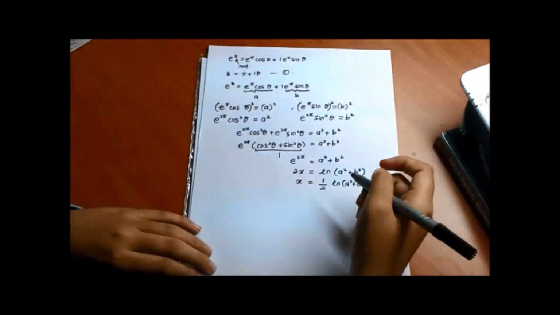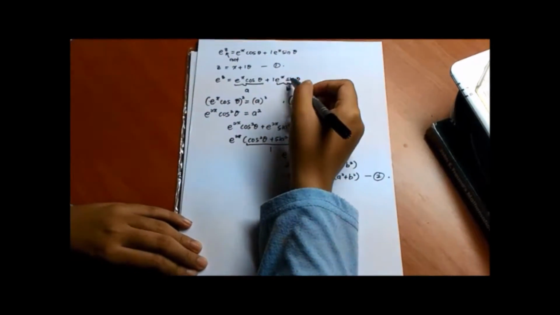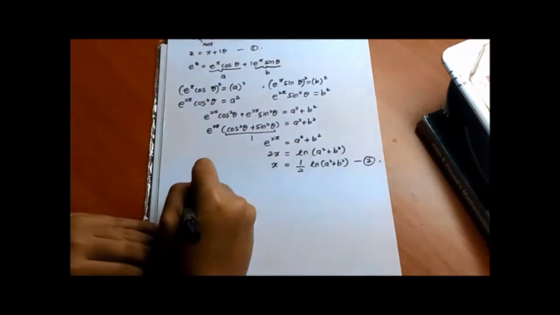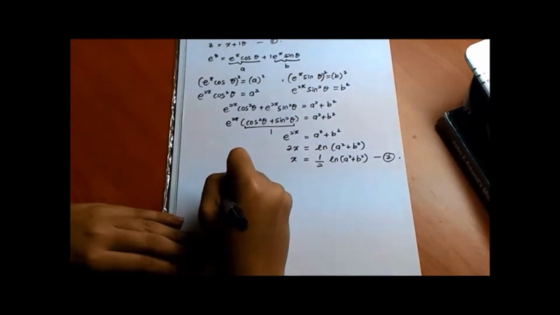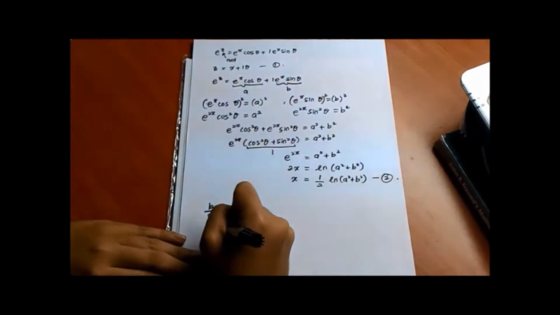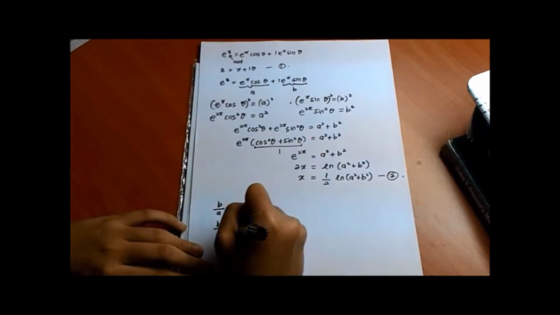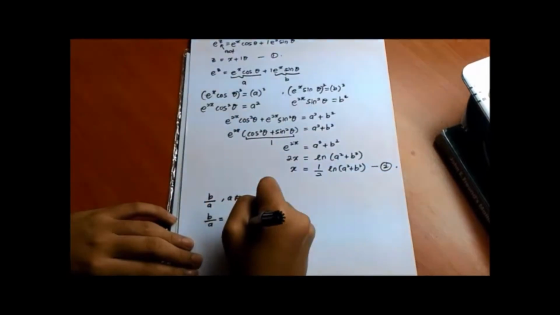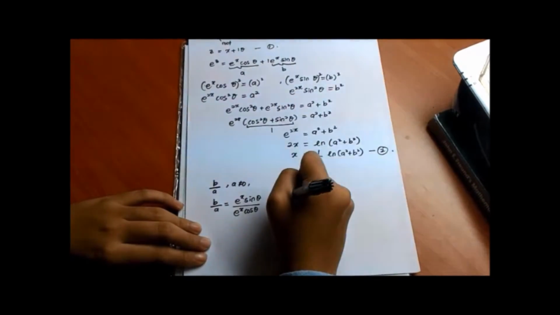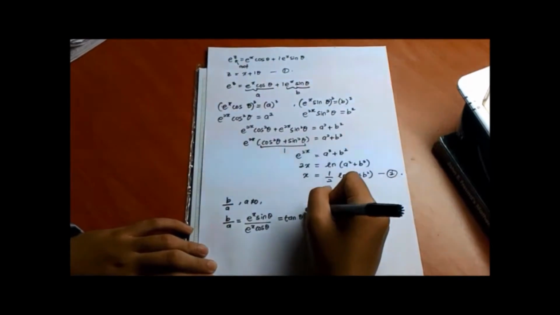From the start, we assumed e^x cos theta is a and e^x sin theta is b. So if we take b over a, where a is not equal to 0, then b over a is equal to e^x sin theta over e^x cos theta, which is equal to tangent theta. We have found x. Now we are left with theta, so we want to find what theta is.